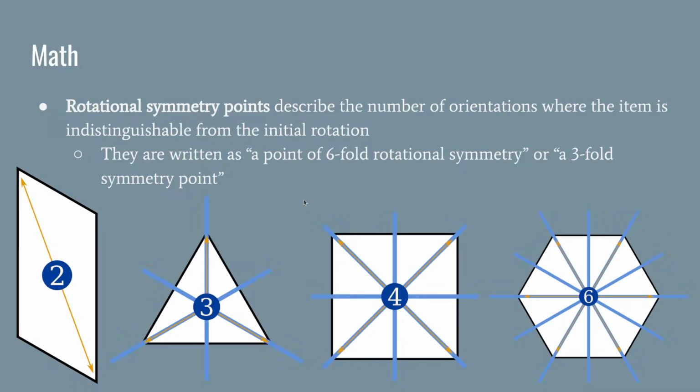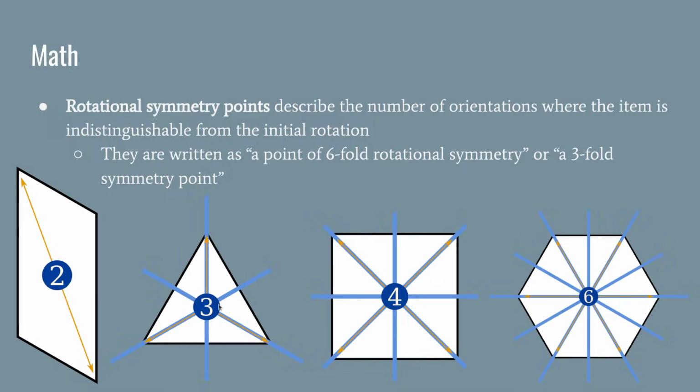And then there's rotational symmetry points. So there's a position of twofold rotational symmetry in the center of a parallelogram, because if you rotate this 180 degrees and you put them side by side, I can't tell them apart.